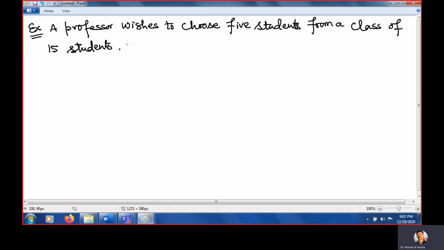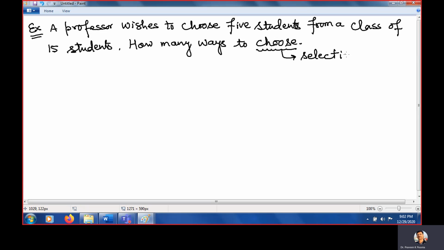Clear? So how many possible ways are there? How many ways to choose? Choose means selection. How many ways to select 5 students from a group of 15 students?